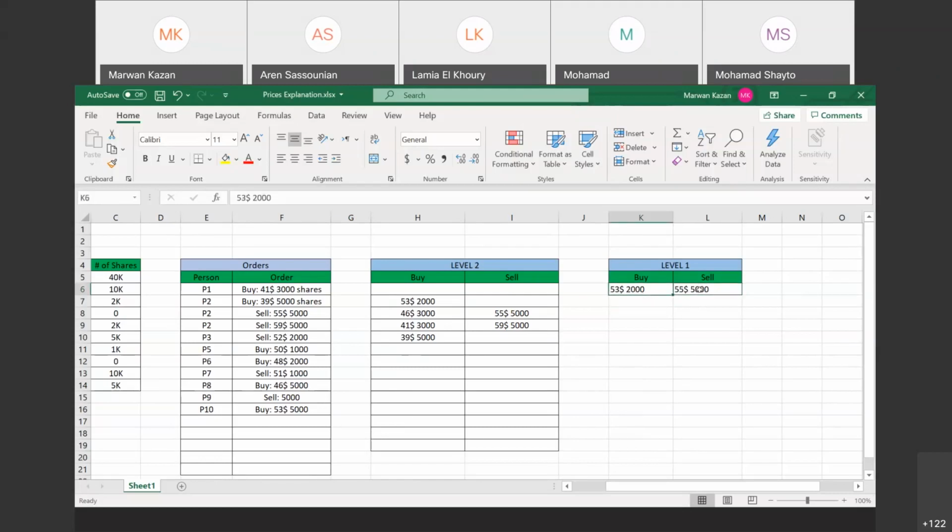The buyers at 53 don't want to buy at higher, so you are obliged to sell at 53, losing $2. The difference between these two is called the spread. The spread here is 55 minus 53, which is $2. Which means if you buy and sell in the same second, you're going to lose the spread, which is $2.